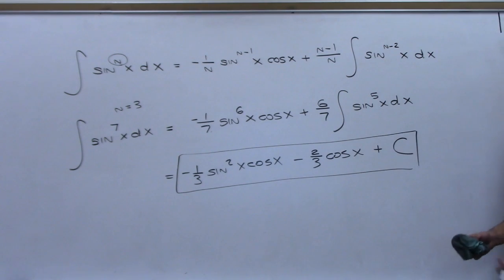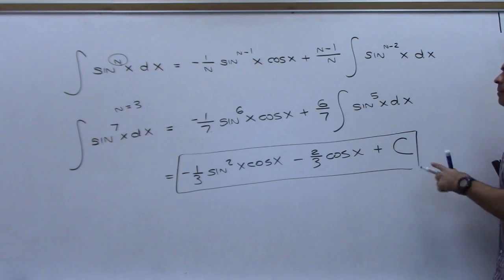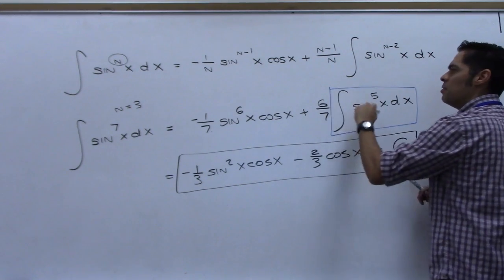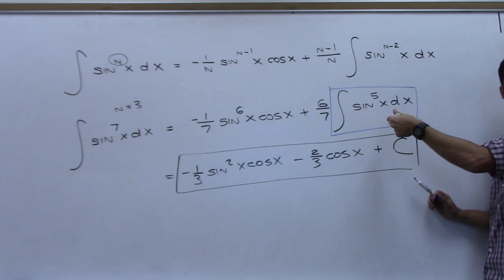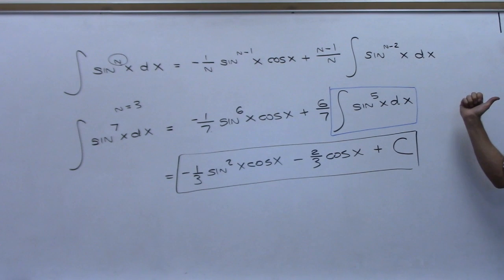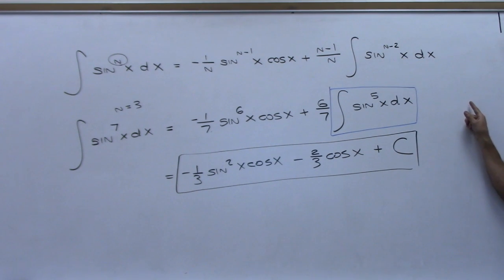And then you're like, crap, I don't know how to do that. You've got to do it again. So this part is your new universe. I do that formula again. And when I do that formula again, what integral will be popping out at the very end of it? Sine cubed. And then you do it again.